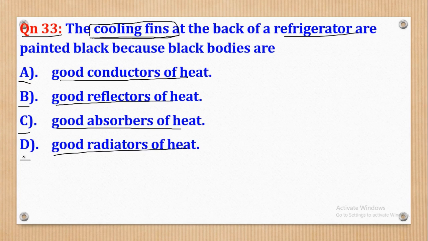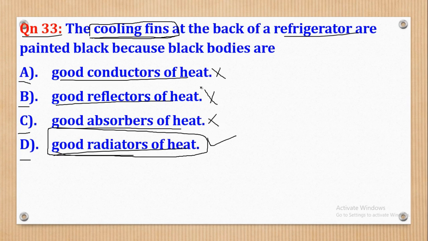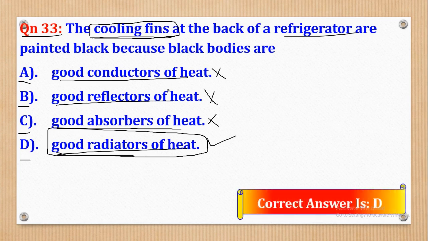Therefore, the correct property is that they are good radiators of heat, because their function is to radiate the latent heat. So the others are not okay for this case. Therefore, the correct option will be option D.